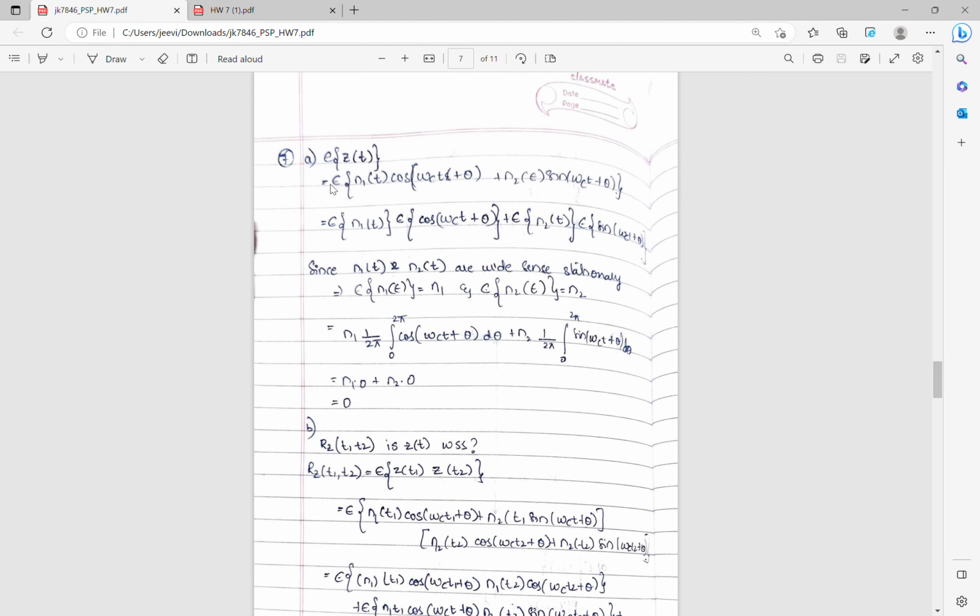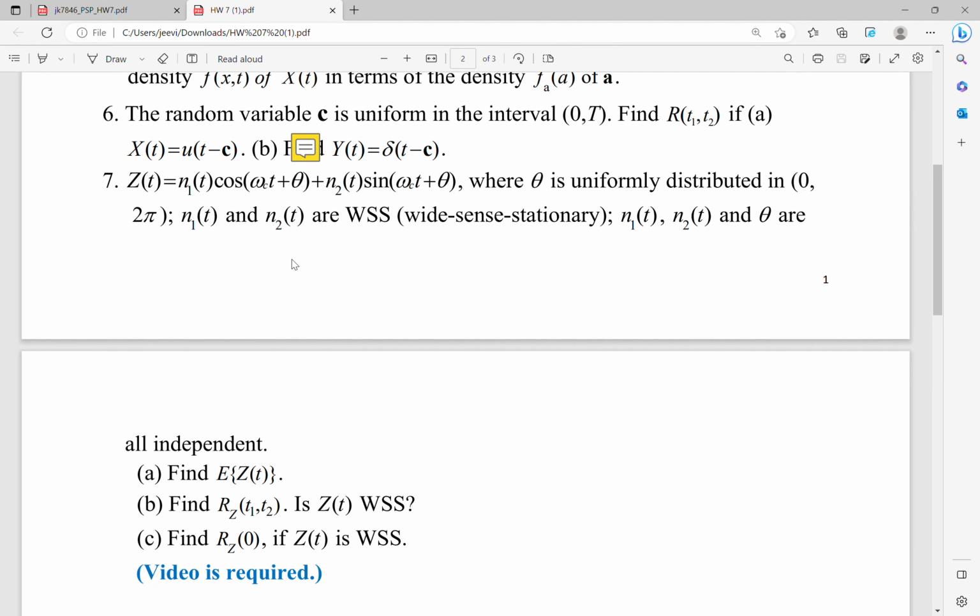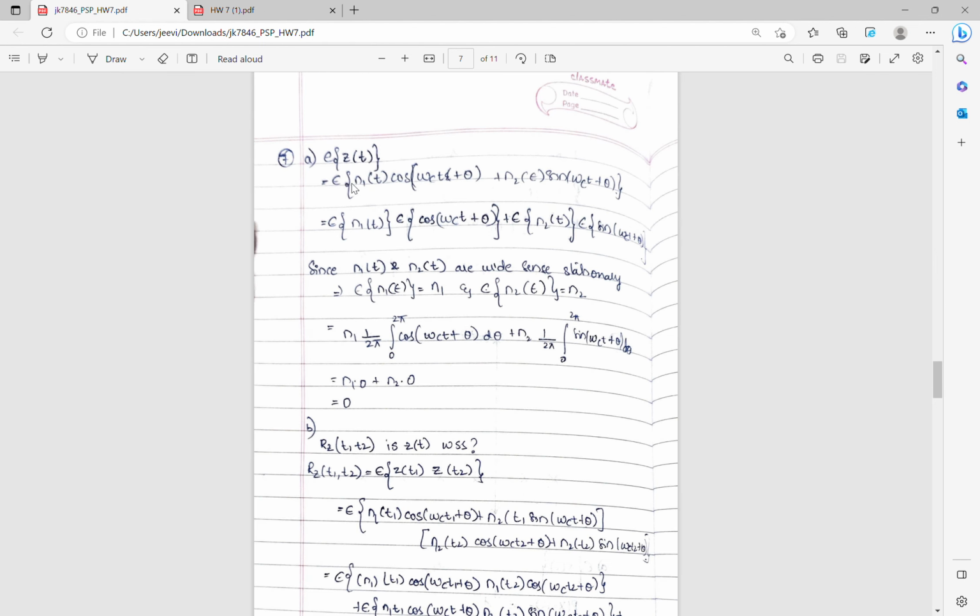Okay, so the expected value of z of t. We are given the equation for z of t, which is in the question, that is this part. Now we will be substituting that here. We will get the expected value of n1(t) cos(omega_c t plus theta) plus n2(t) sin(omega_c t plus theta).